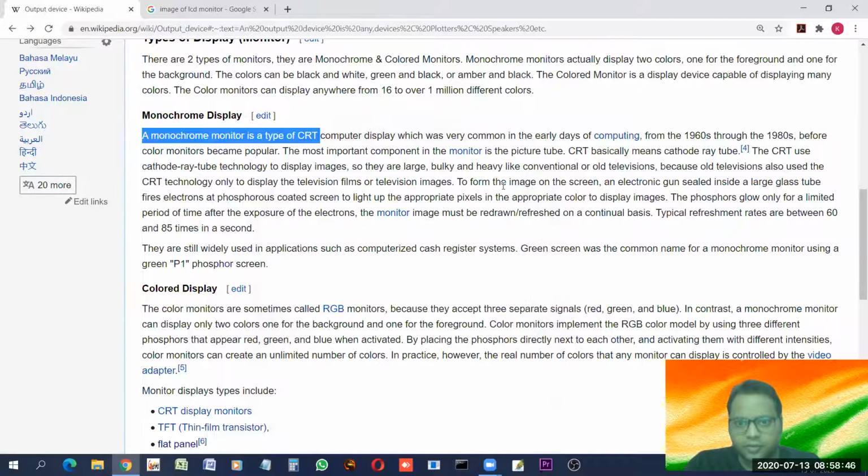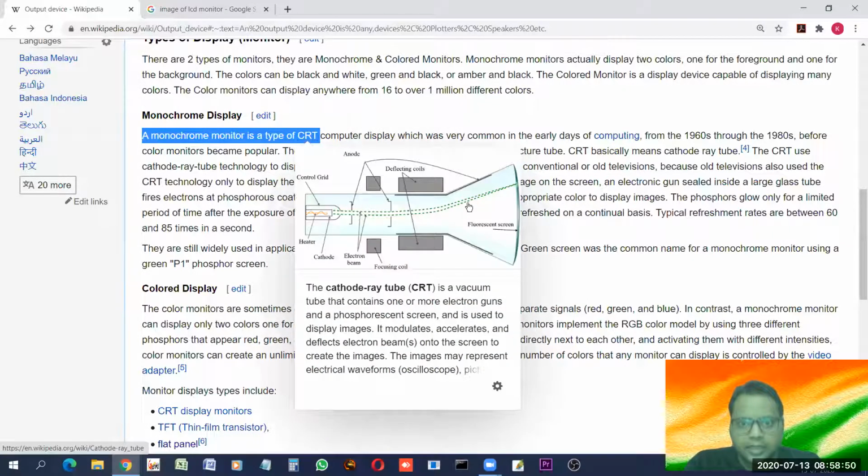Look, this is a fluorescent screen, and the electron beam is falling here, and only this place will be illuminated, or anywhere on the screen wherever the electron beam is falling, that place will illuminate, and those illuminated particles form any still image or any moving image.